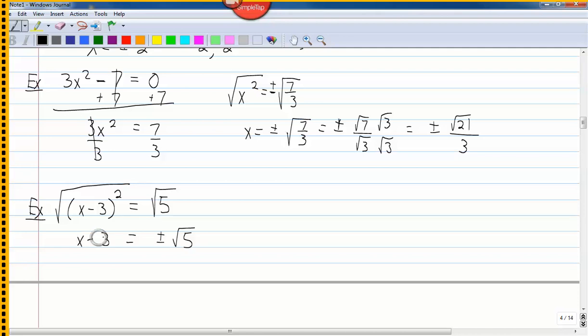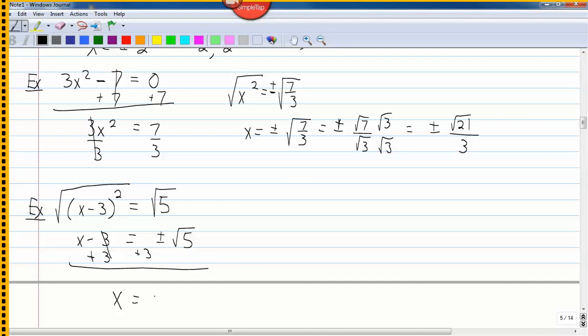Now, when you solve for x, you have to be very careful. I'm going to add 3 to both sides, but you would never add 3 behind the plus or minus sign. You never put a plus 3 down there. Put your number, when you move it over, in front of the plus or minus sign. So pretend there's a 0 there in front of the plus or minus sign if you have to.